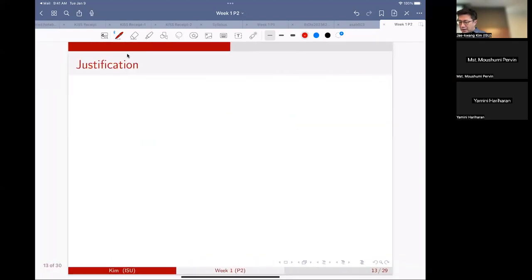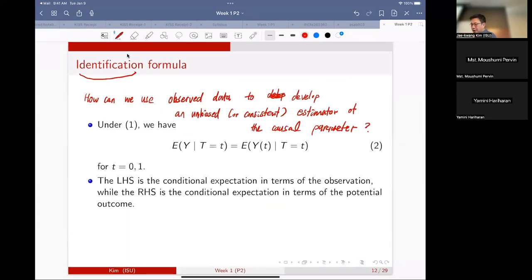But anyway, the first thing is, under assumption one, what is it? SUTVA, right? Under SUTVA, we obtain equation 2, which is the conditional expectation of what you have, the observation, equal to the conditional expectation of what you want, the potential outcome.